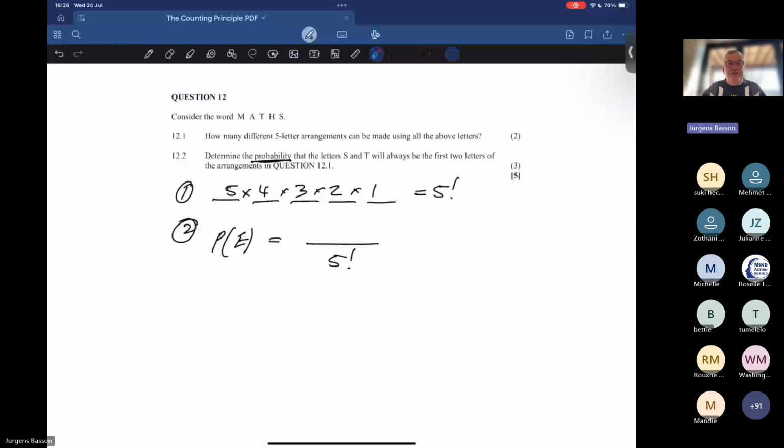So what I want to do is draw 5 lines like I did in the previous one, and then box the first 2 as S and T. And then I'm going to do the rest. I just can't figure out why suddenly I can't see it.